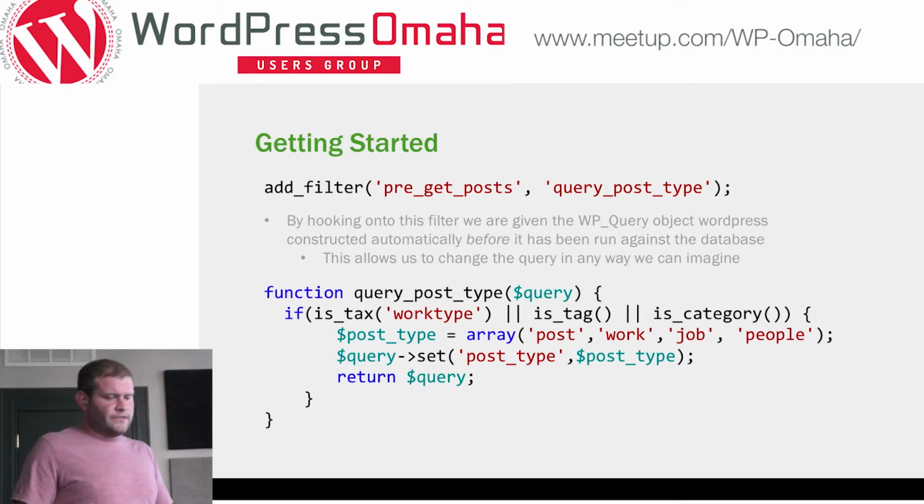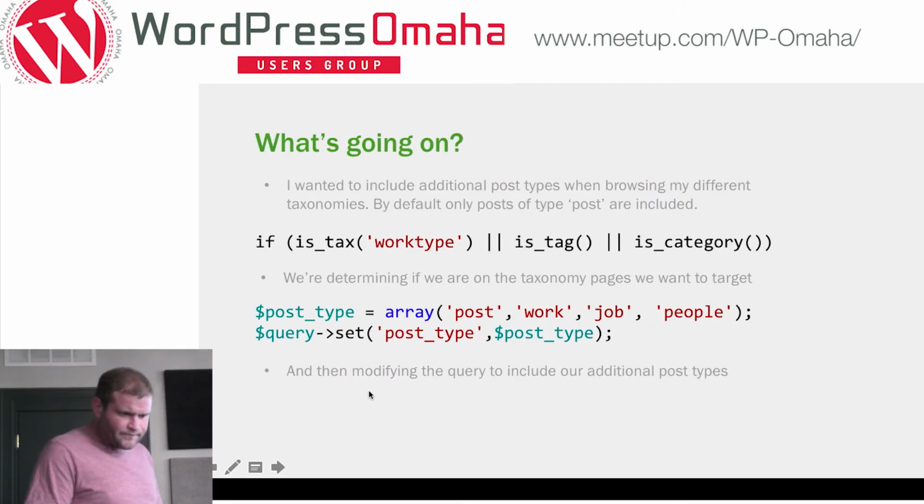So it's our opportunity to modify that and change what we get. So this query_post_type function we can see is defined here. It takes one argument to my knowledge, and that is the WP_Query object that it has constructed, but again, not run. And I'll break down what I'm doing over here.